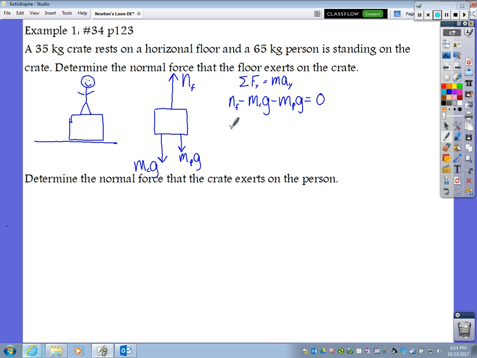So if I solve for the normal force, add those to both sides, equals mass of the crate plus mass of the person times g. And that is going to be 35 kilograms, the crate, plus 65 kilograms times 10 meters per second squared. That's g. That's 90, 100. That would be 1,000 newtons.